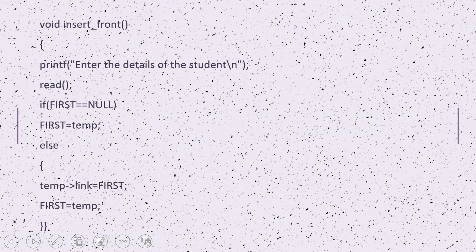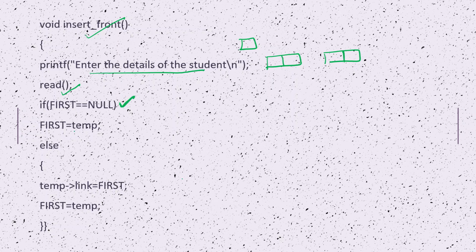Now insert at the front. So this is probably the easiest. You insert at the front. The details of the student, you will be using the read function that was written previously. That will be called. And if there is no node, then whatever you insert will become the very first node.